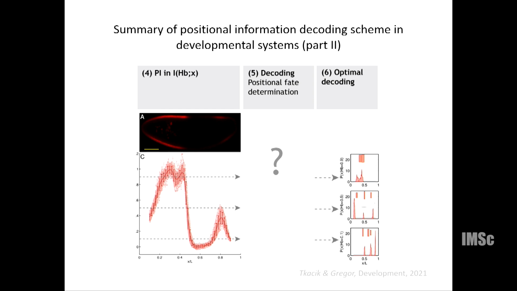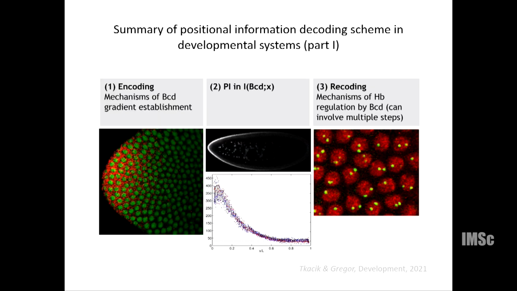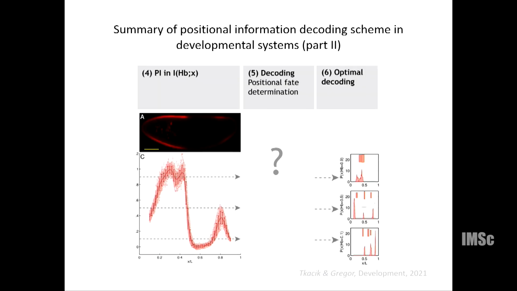So maybe this shape in combination with other shapes gives cells a more robust, maybe just easier to implement way of decoding the signal. So there's this type of recoding that can involve multiple steps. It can happen many times during development.